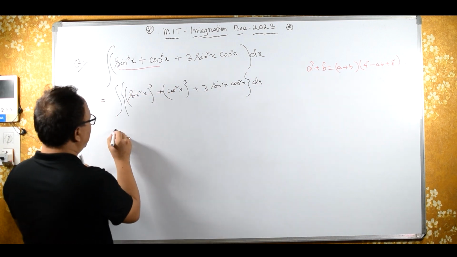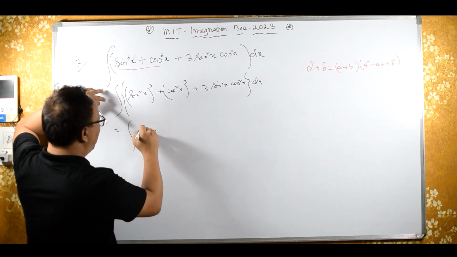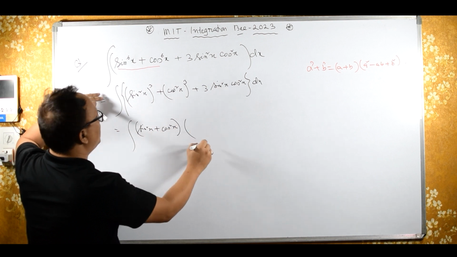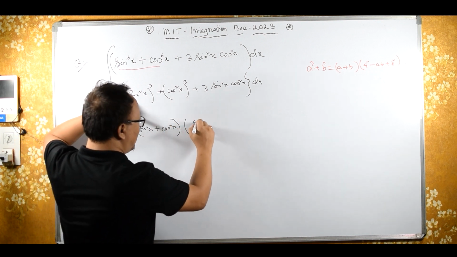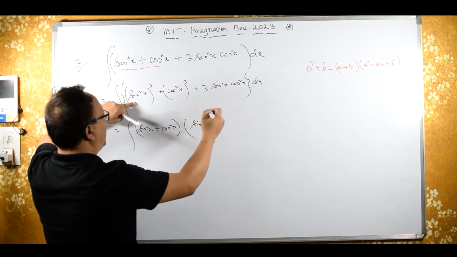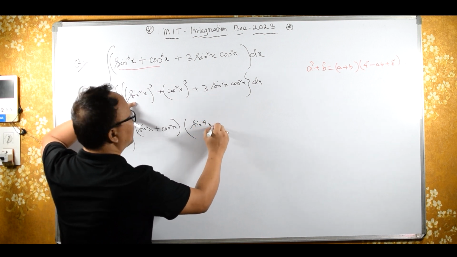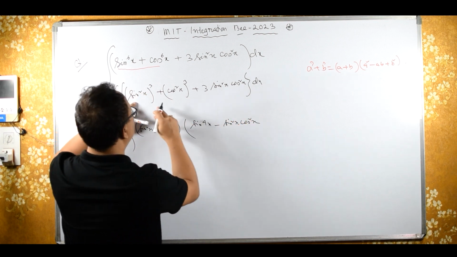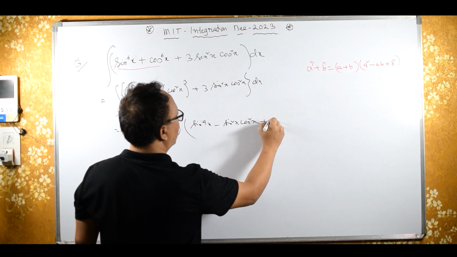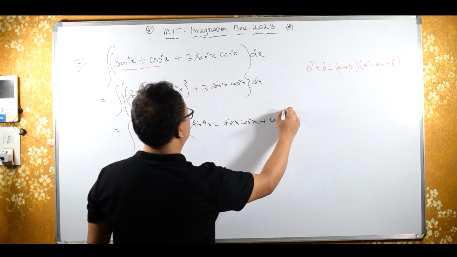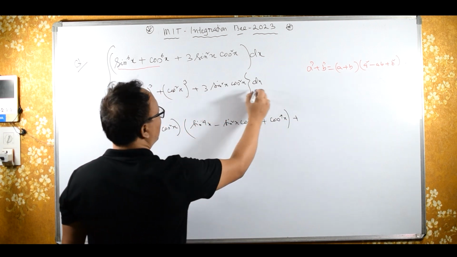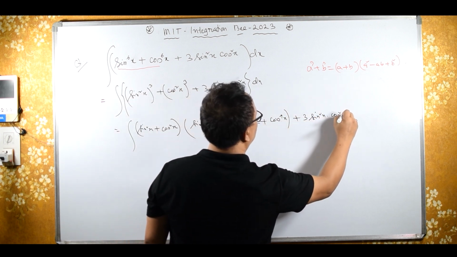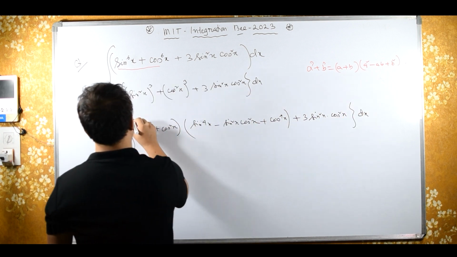This equals the integral of (sin^2 x plus cos^2 x) into (sin^4 x minus sin^2 x cos^2 x plus cos^4 x) plus this term 3 sin^2 x cos^2 x dx.